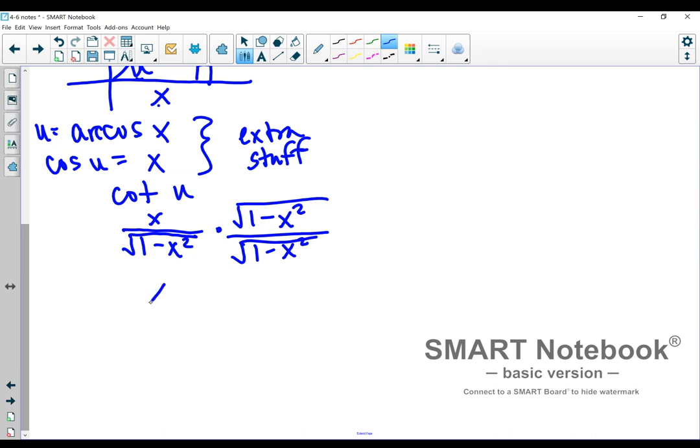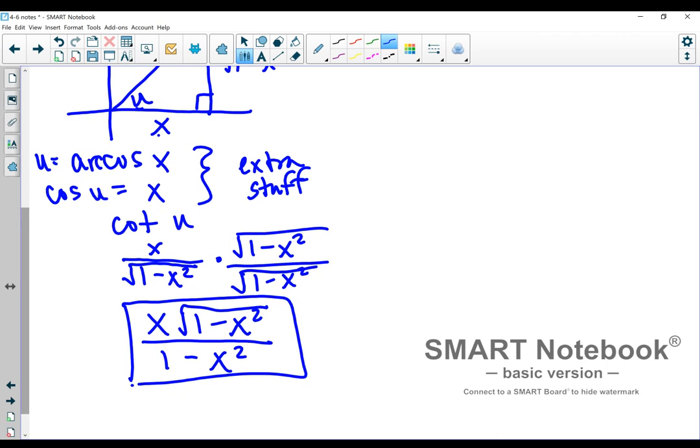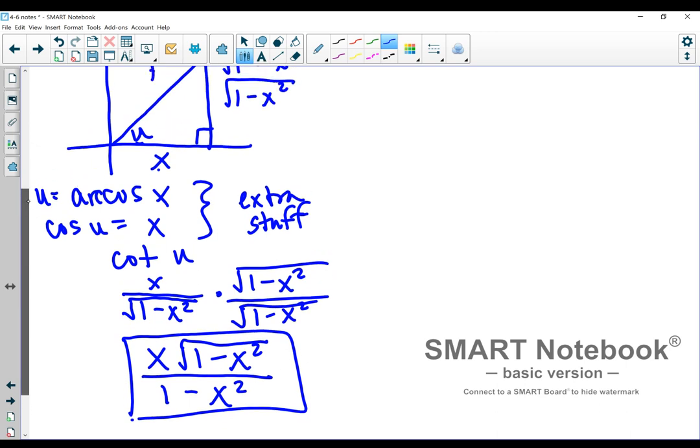And so my final answer will be x times the square root of 1 minus x squared all over 1 minus x squared. This one worked out kind of nice because the x side was actually labeled x, but these can get really weird where your cotangent is your x over y, but your x side is labeled y and your y side's labeled something crazy. So you really have to be careful with these. It kind of adds a level of trickiness to them.